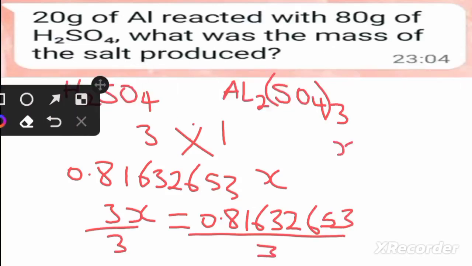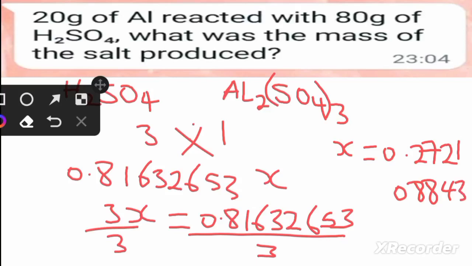The value of x is equal to 0.027210883. So this is the number of moles of aluminium sulfate, which is the salt we are talking about here.